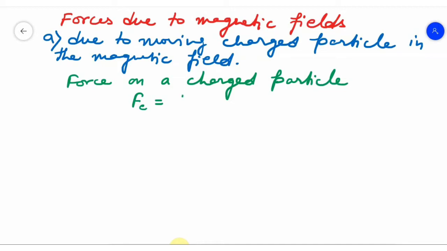So Fe equals Q into E. This we already know because E equals F by Q. What is Fe? This Fe is the electric force on a stationary or moving electric charge.